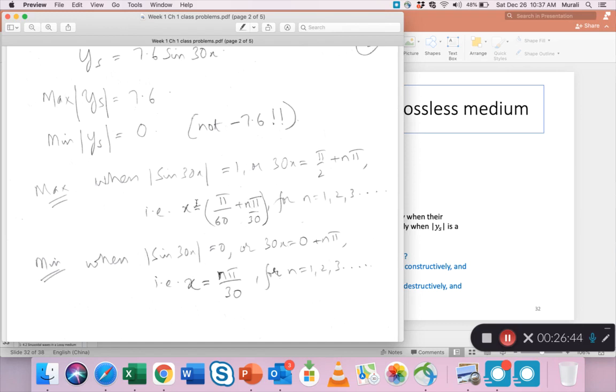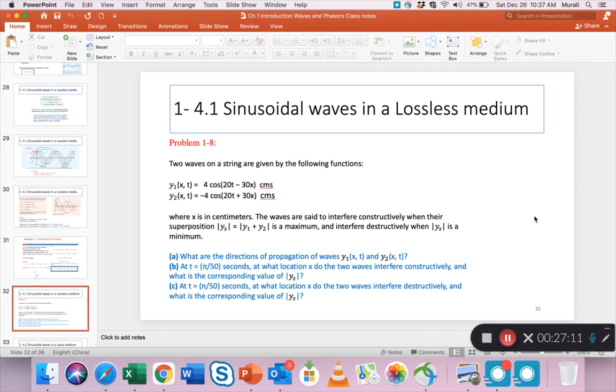For these values of x, pi by 60, pi by 60 plus pi by 30, pi by 60 plus 2 pi by 30 and so on, you'll find the maximum, or constructively adding superposition. The minimum is destructively adding, and that happens at these x values. I hope that was clear. If you had any questions, let me know.